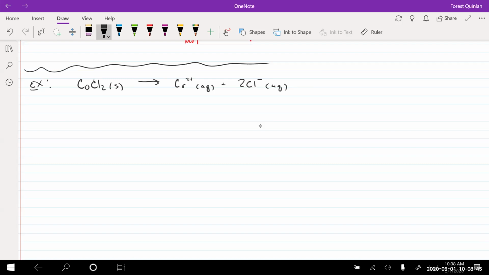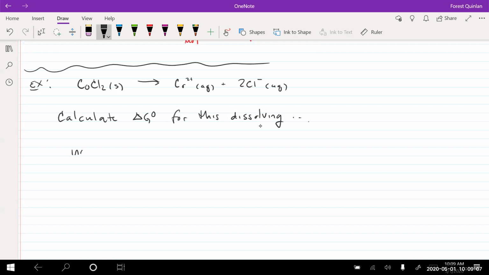Now, what I want to do is calculate delta G naught for this dissolving. To do that, I'm going to look up some stuff.